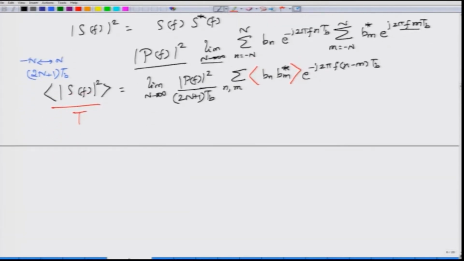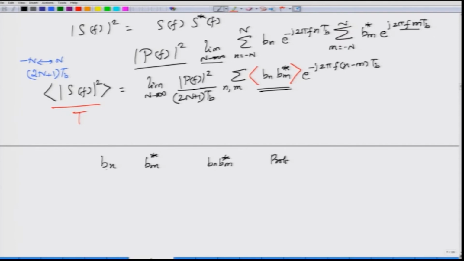Now everything else seems to be alright, the only thing is how do we evaluate this averaging process, what is the meaning of that? What it means is that at the nth sequence you are looking at Bn, at the mth time slot you are looking at Bm complex conjugate, then you are looking at the product Bn into Bm complex conjugate, and then at the probability of this particular sequence occurring.